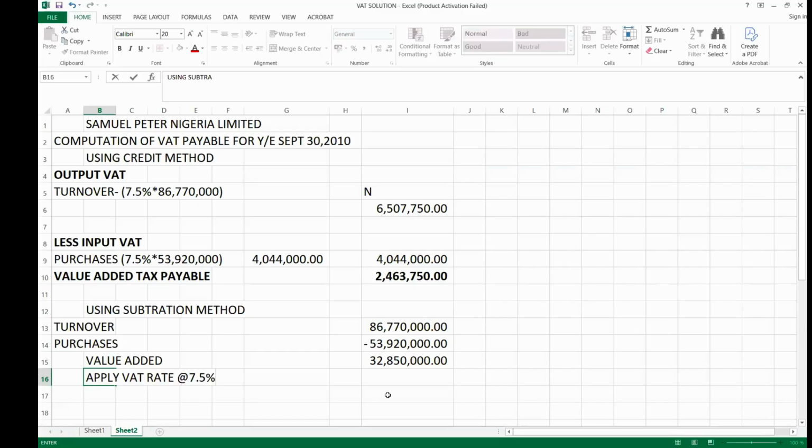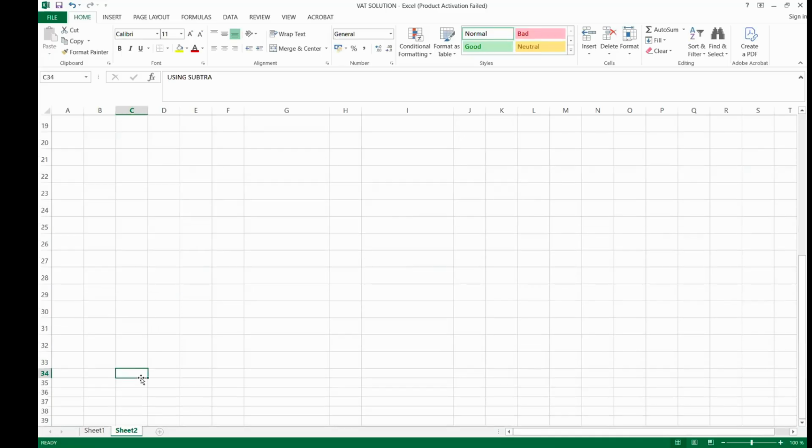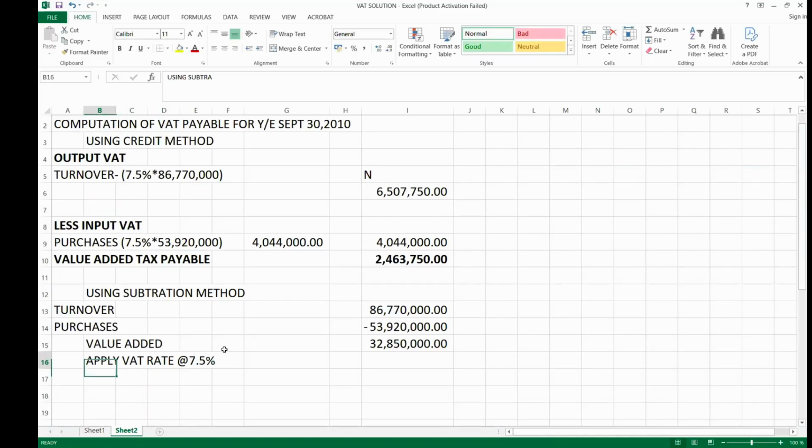You apply the 7.5% value added tax rate on this value. So you apply 7.5% on 32,850.